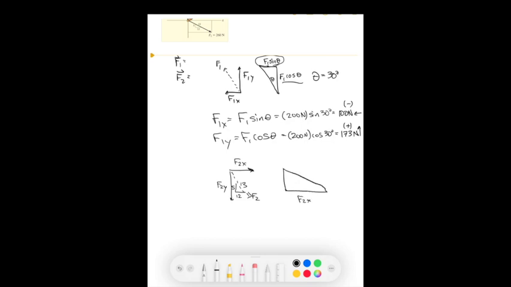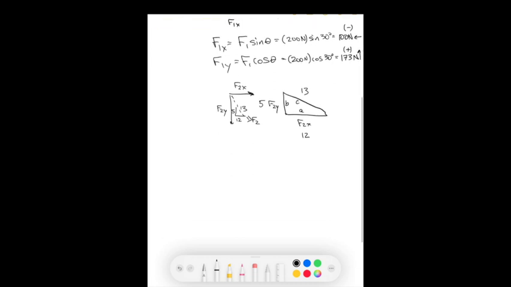So we have F2x and F2y, and we can call these sides A, B, and C. And we know this has a ratio of 12, a ratio of 5, and a ratio of 13.